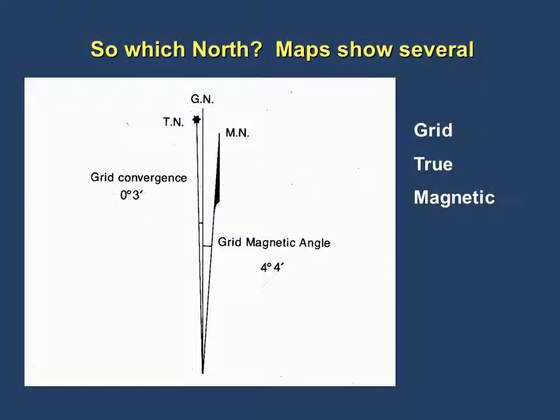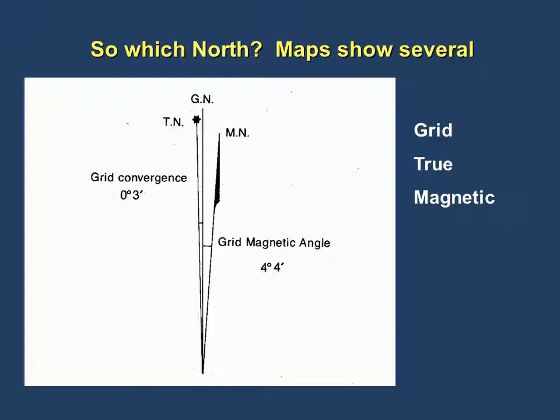So that makes us start asking questions like, well, which north do we use? And the maps show several. They don't just show grid north and true north. Most topographic maps produced in Australia and in many other parts of the world would actually show three types of north. The grid north that we've been speaking about, using grid references and coordinates like that.